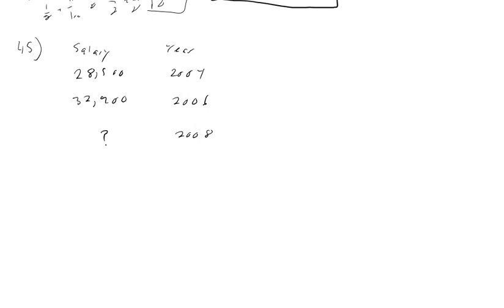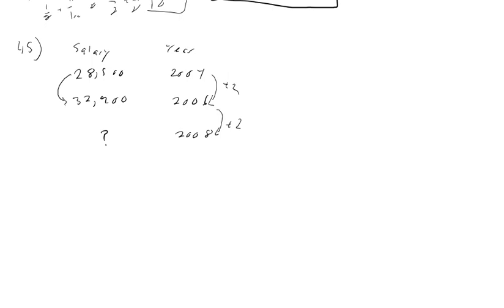These years are going up by the same amount every time, right? Plus 2, plus 2. So if these are going up by the same amount every time, what does that mean about the salary, Edward? Yeah, it's going to increase by the same amount. That's what linear means. Linear means you're growing the same amount.